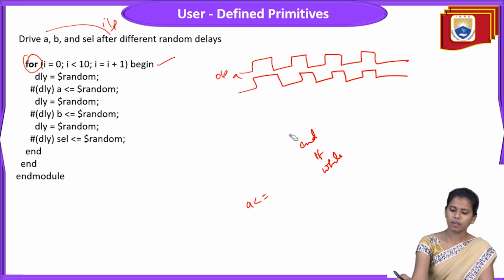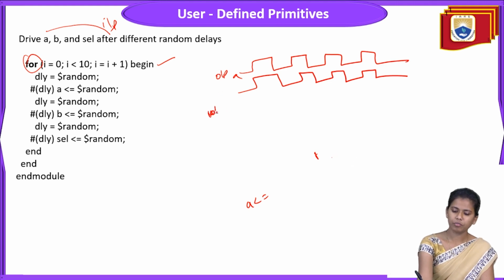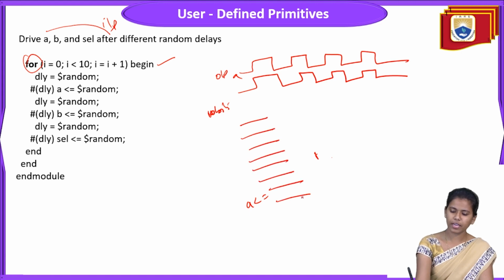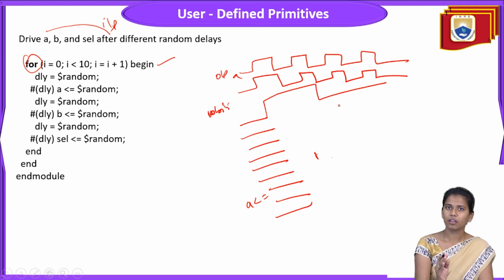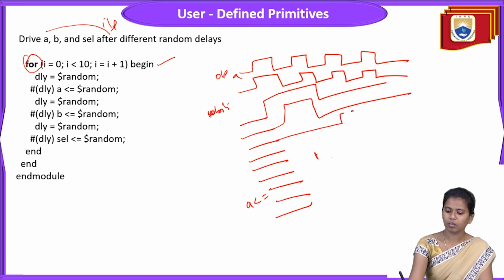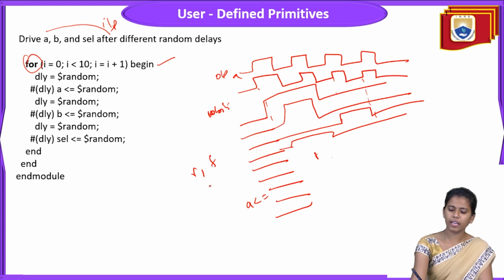randomly I can observe for 10 bits, 1, 2, 3, 4, 5, 6, 7, 8, 9, 10. So randomly I can see the rising and falling edge. So R and F can be observed randomly.